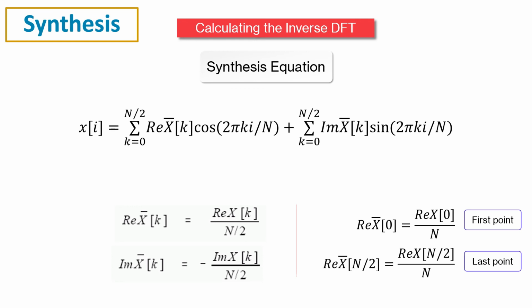Okay, so the amplitude of the first and last points is obtained by dividing the real part by n. Why is it so? We will see in the next slide.